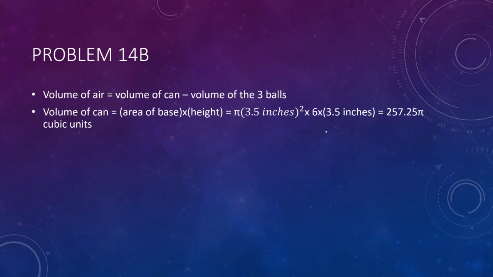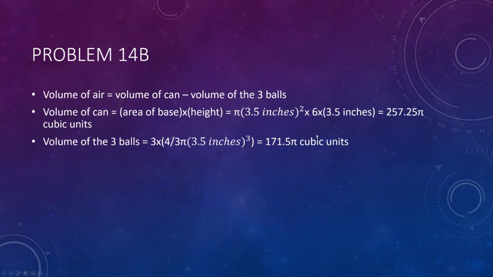In part B, they told us the radius was 3.5. Then we multiply that by the height, and we just found out that the height was 6 times the radius, so 6 times 3.5 inches. I punched this into my calculator, and I came up with 257.25 pi cubic inches.